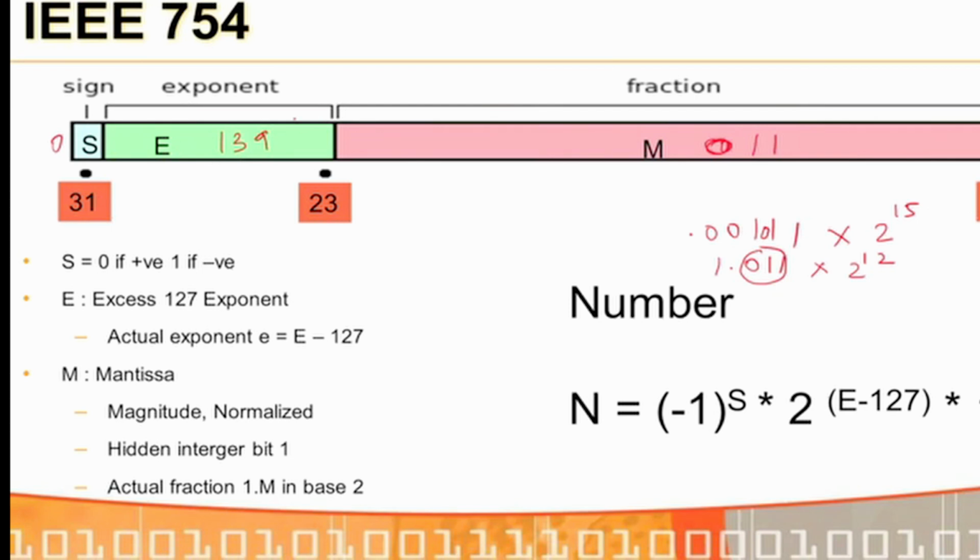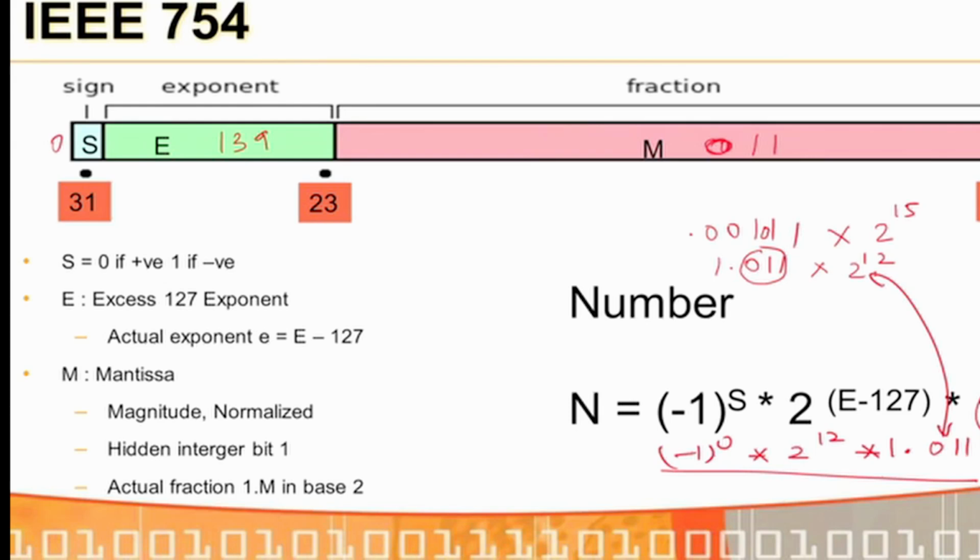So when I want to retrieve it, it is going to be minus 1 power 0 into 2 power 139 minus 127, which is 12, into this 1 comes here, 1 point whatever I have, 011, which is nothing but this. Are you able to appreciate this?